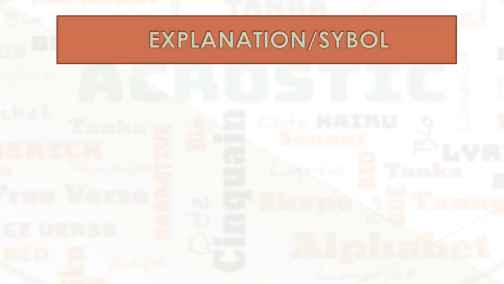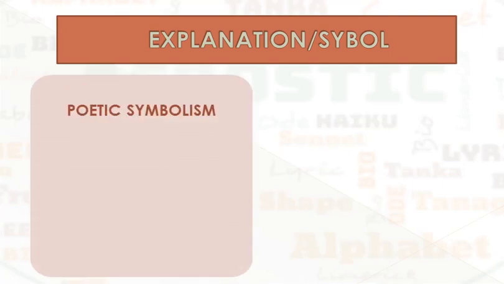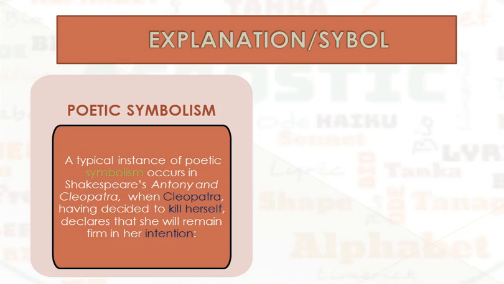So the explanation of these lines shows poetic symbolism. A typical instance of poetic symbolism occurs in Shakespeare's Antony and Cleopatra, when Cleopatra, having decided to kill herself, declares that she will remain firm in her intention.